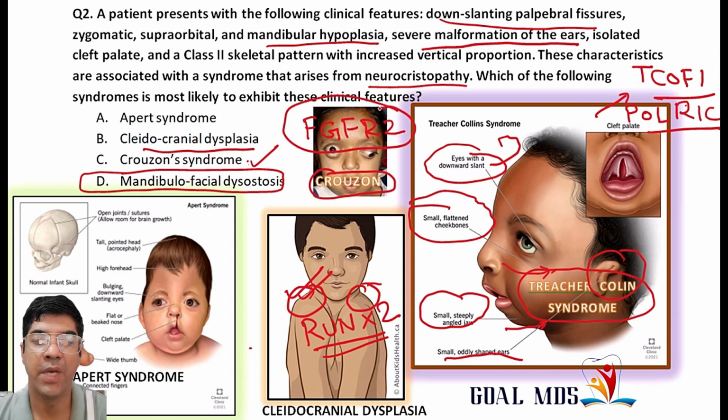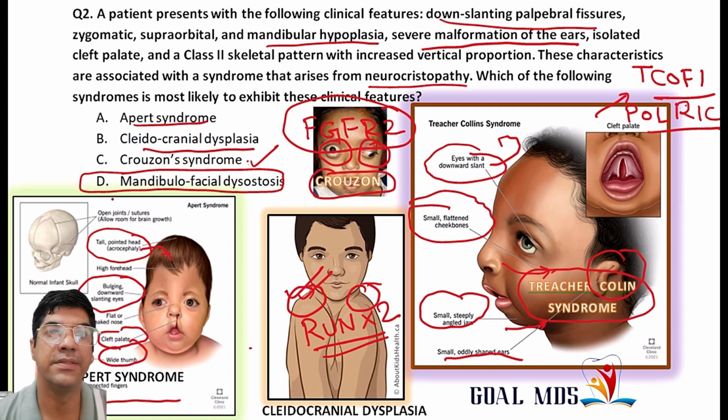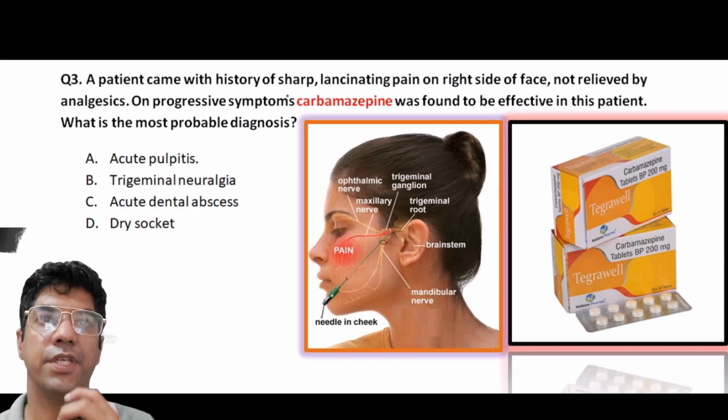There is abnormal head shape, flat head and prominent bulging eyes. The midface is underdeveloped, causing a sunken appearance in the middle part of the face. You can see acrocephaly here, a tall pointed head, bulging downward slanting eyes, cleft palate, wide thumb, open fontanelles.